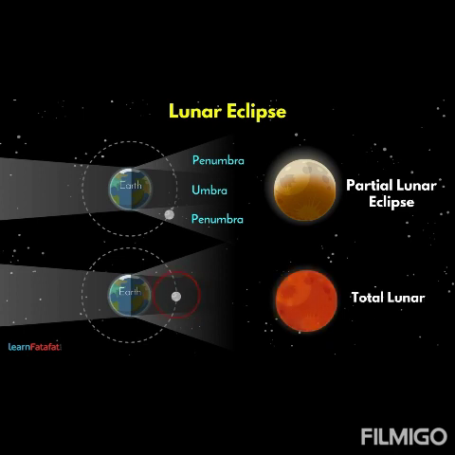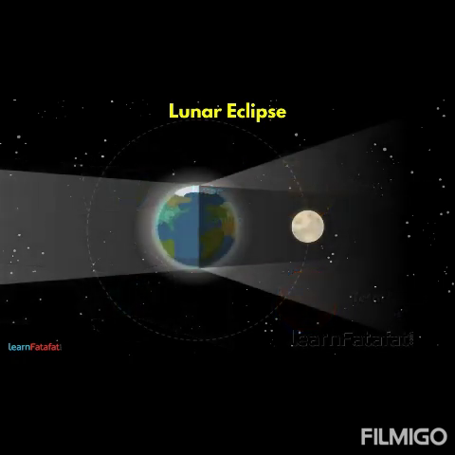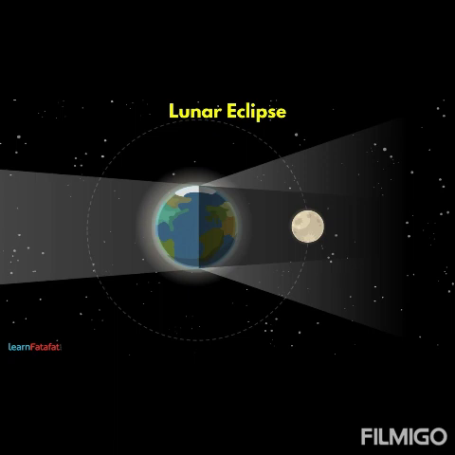The shadow is cast by the earth on the moon. Now, what happens when the moon is in the umbra region? That means the darker region. The light from the sun falls on the earth and then it gets scattered because it is traveling through the atmosphere of the earth.